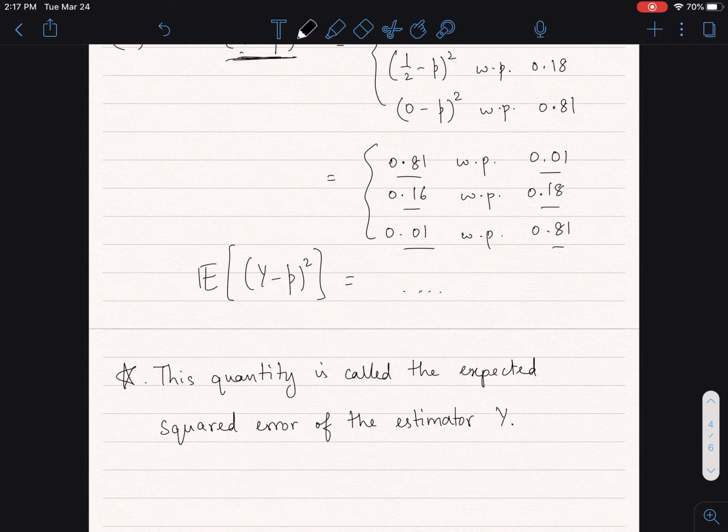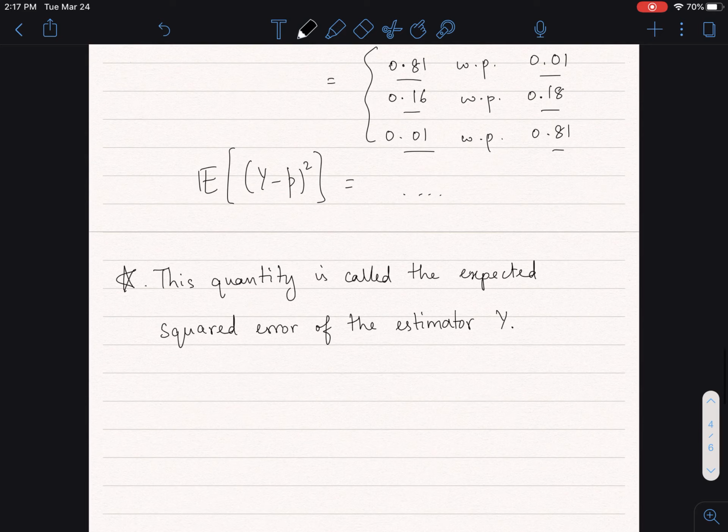Okay, so this is what we define as the expected squared error of the estimator.